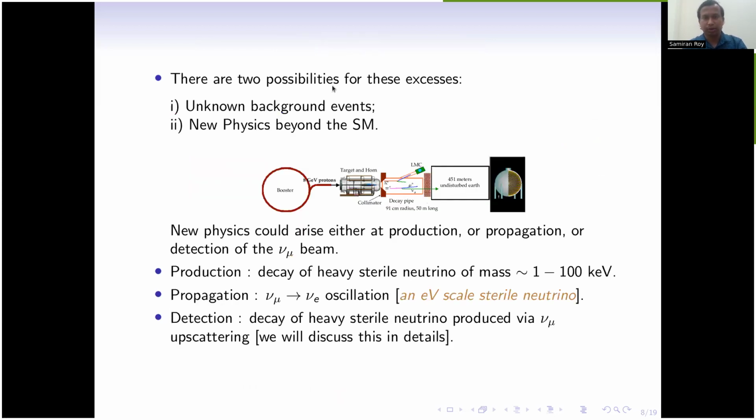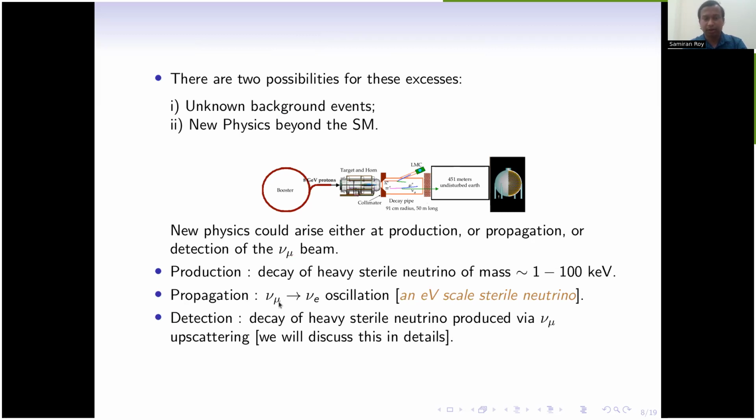So there are two possibilities for this excess. One is unknown backgrounds, and another one is new physics. We'll focus on the new physics part here. So new physics could appear at the production, while this K plus or pi plus decays. There could be a heavy sterile neutrino that could be produced here and decays back to the electron type of neutrinos.